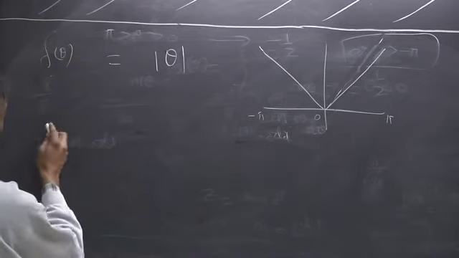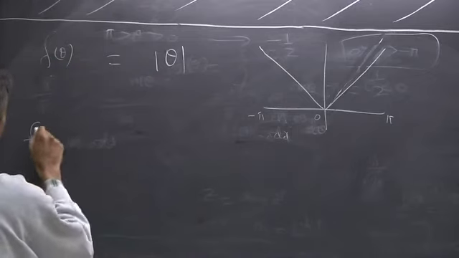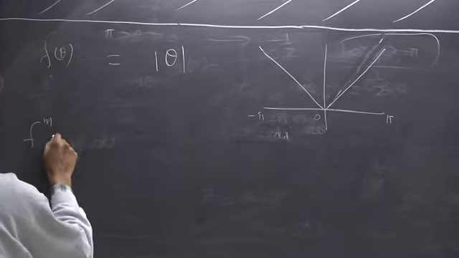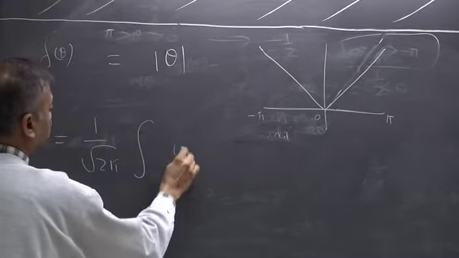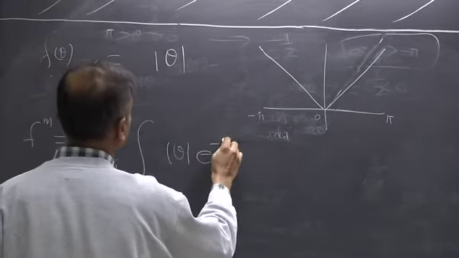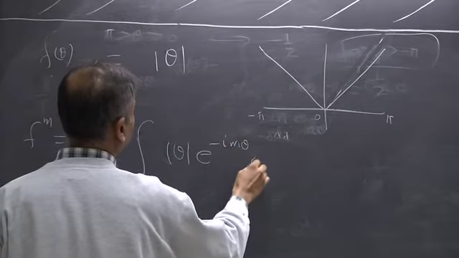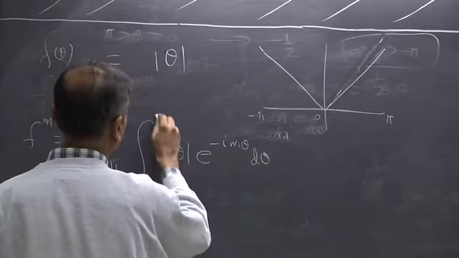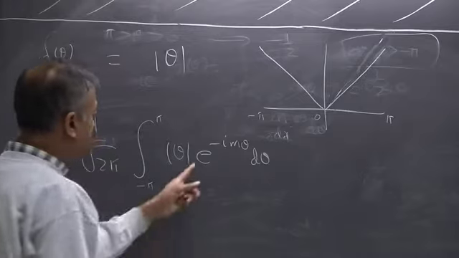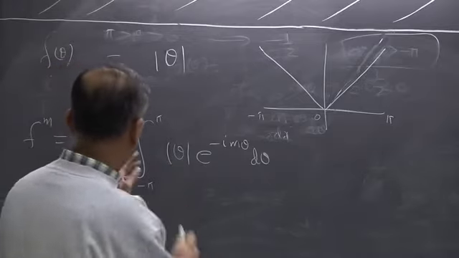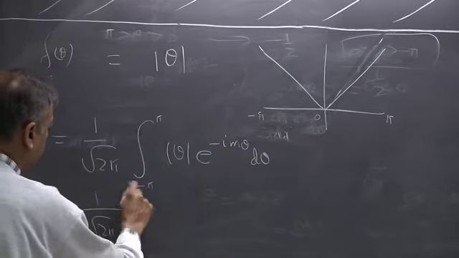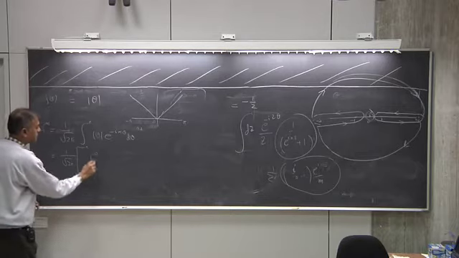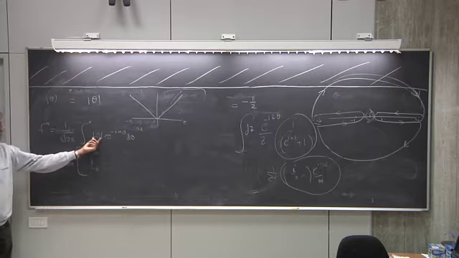Okay. So then I have to again compute. Let's compute f_m, which is 1 over root 2 pi, integral of f theta, which is absolute value of theta, e to the minus i m theta d theta, from minus pi to pi. We can split this into minus pi to 0 and 0 to pi, which is the same as 1 over root 2 pi, minus pi to 0, but in minus pi to 0, absolute value of theta is minus theta, right?